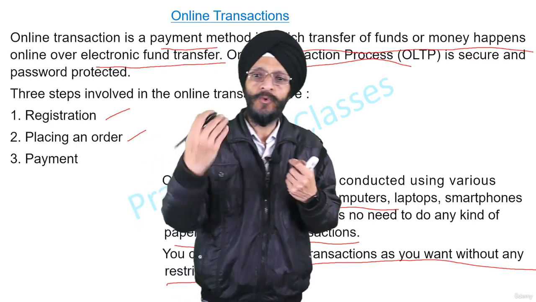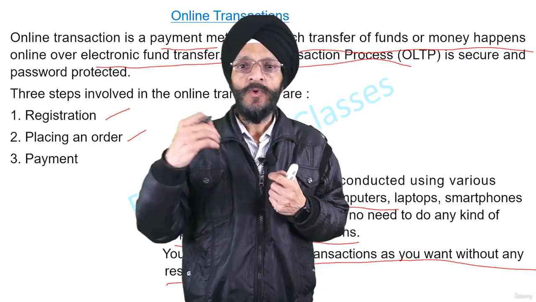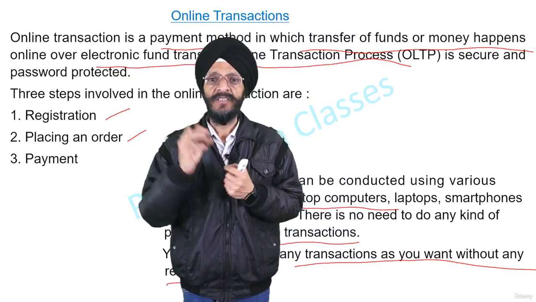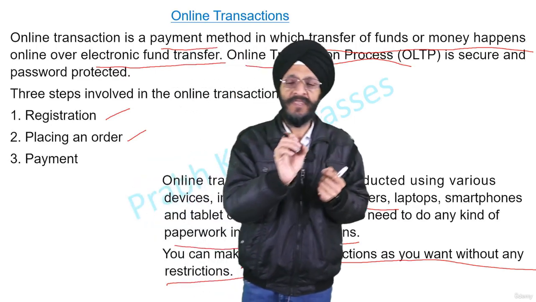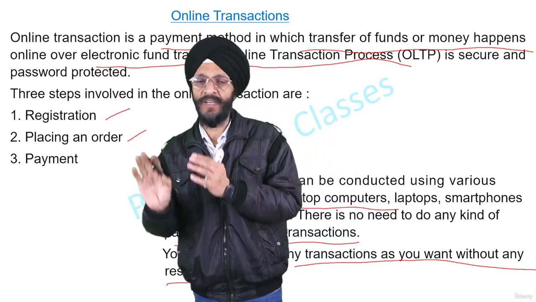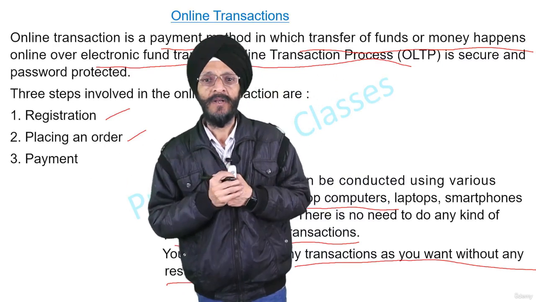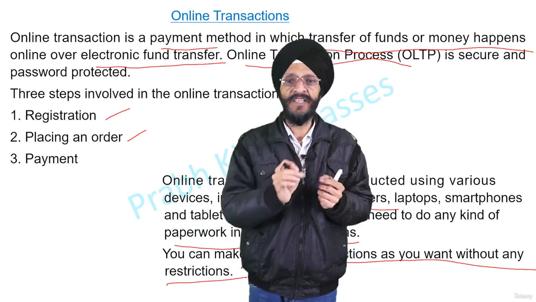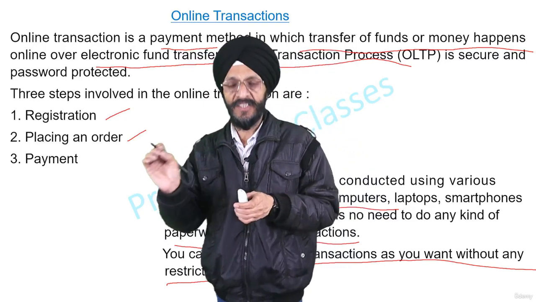Suppose if you go to the banker to deposit some cash, there may also be some restriction that you may visit the bank to deposit cash twice or thrice only in case of saving account. But in the case of online transactions, there is normally no such restriction.